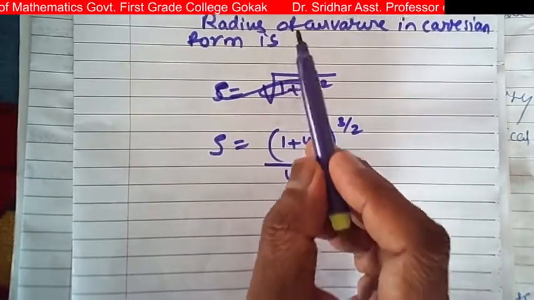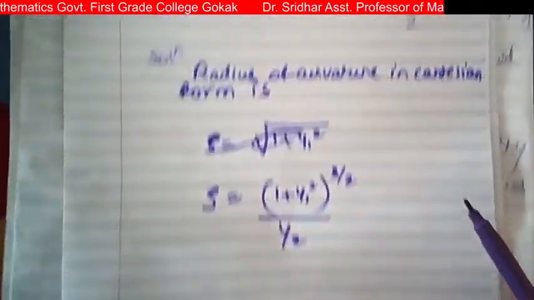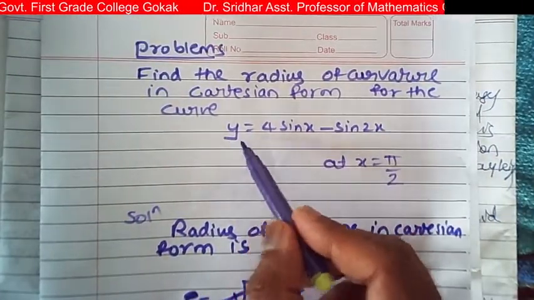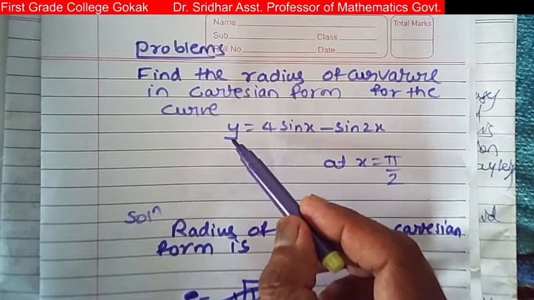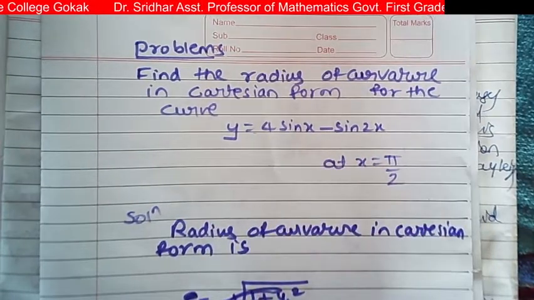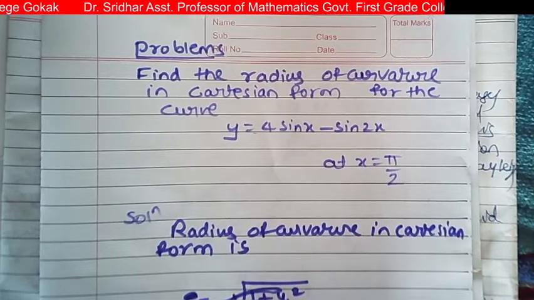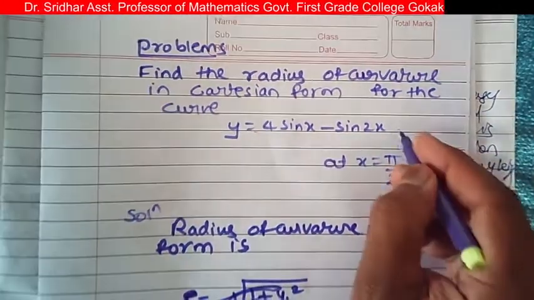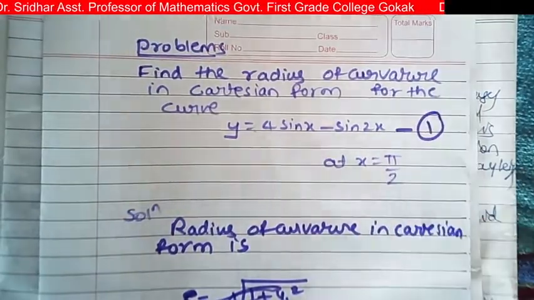Now from the given equation, we differentiate y two times so that we obtain y1 and y2. Call this equation 1.